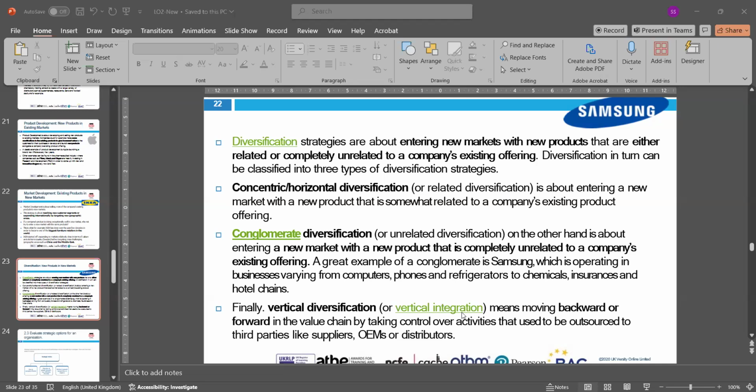When we talk about backward integration, they are also controlling their suppliers. They have started designing their own chips instead of relying entirely on Intel or other companies to get the chips to manufacture their mobile phones. So they have done both forward and backward integration. This is called vertical integration.